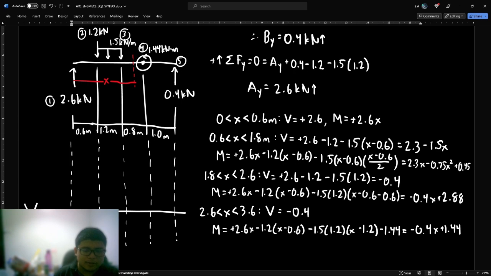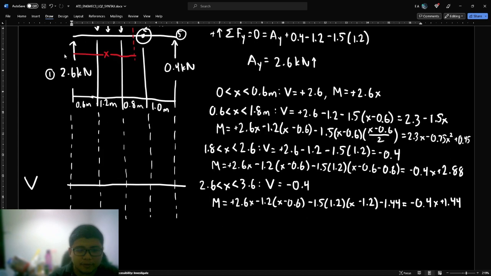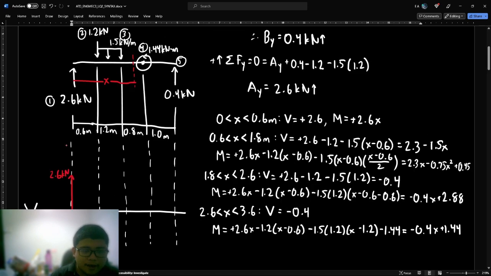Now, I'm going to be using red for our shear. At this point, we're just going to increase by 2.6 kilonewtons. Then we don't actually have any uniform load from 1 to 2, but then we suddenly drop at 2.